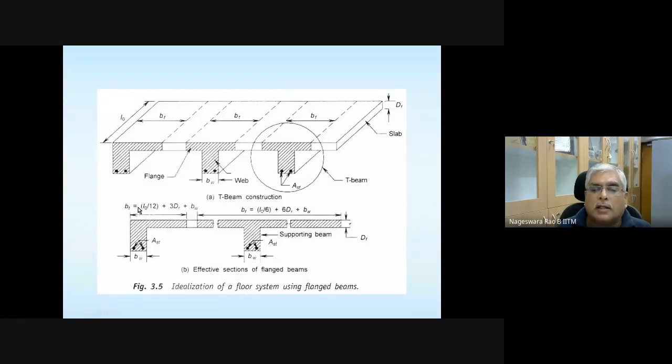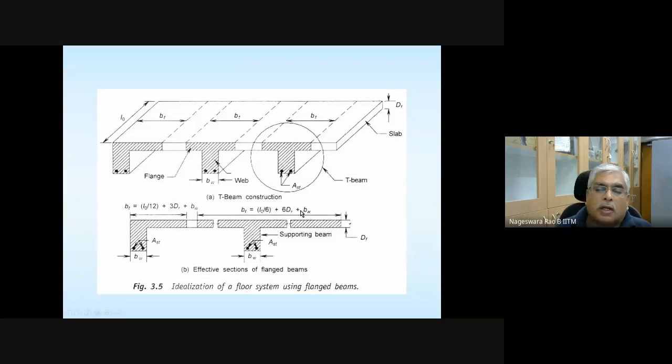That is L0 divided by 12 plus 3 DF plus BW for inverted L section, or L0 divided by 6 plus 6 DF plus BW.